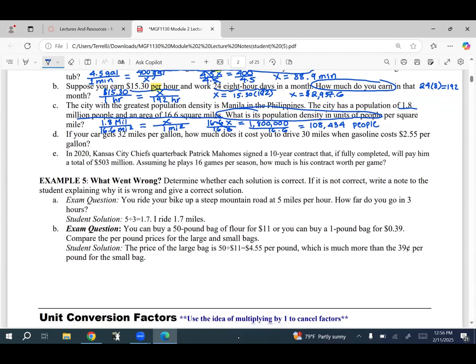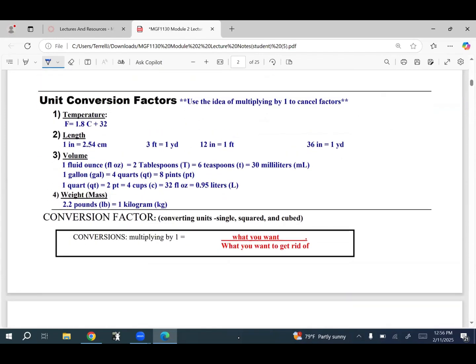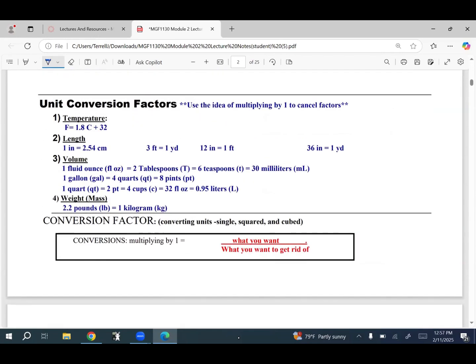Then we're going to move on to example 6 next. Now for example 6, which is below, you'll need these conversions. Okay, so on your quizzes and definitely for this coming test, I want you guys to keep this handy. For your quiz, you'll need these formulas. And I don't know if the quiz has it for every problem, but I'm okay with you using it.